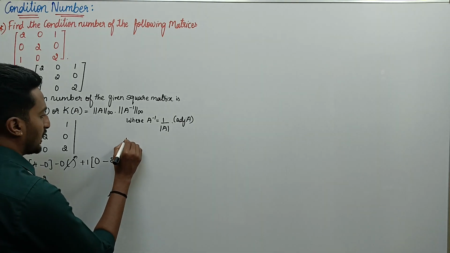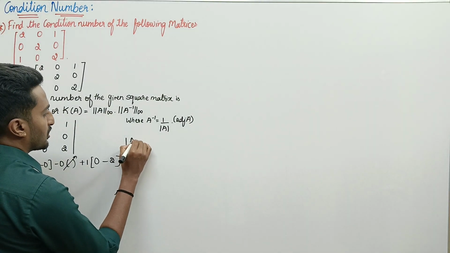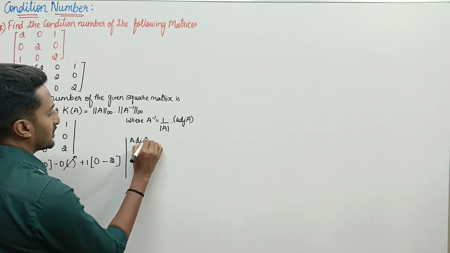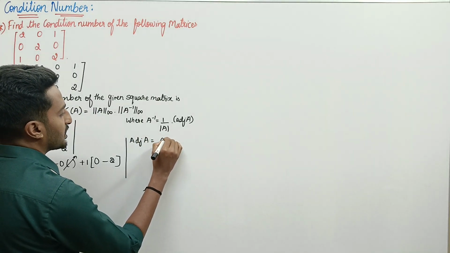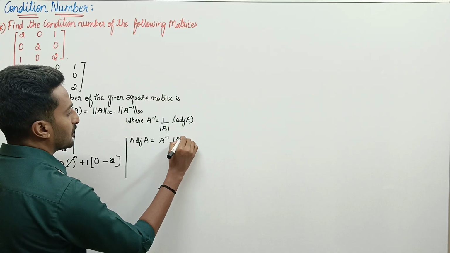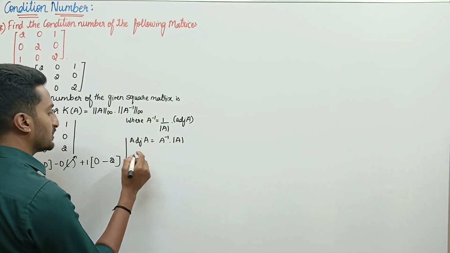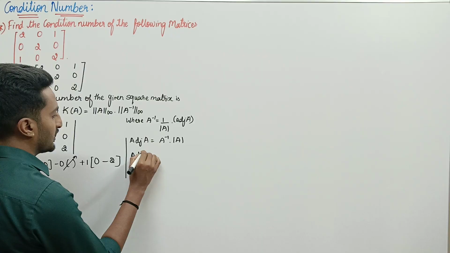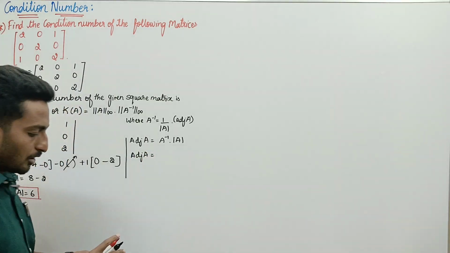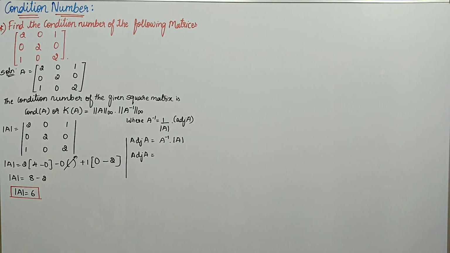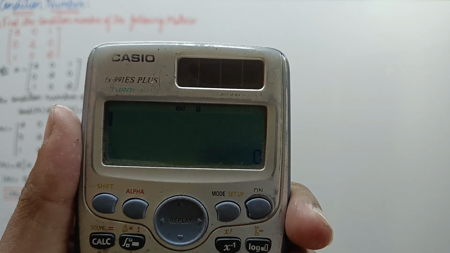Next, let us find the adjoint. Adjoint A, I have told you before itself, is A inverse into determinant of A. Adjoint of A, I will show you how to simplify in the calculator. First, consider your calculator. Then represent matrix.